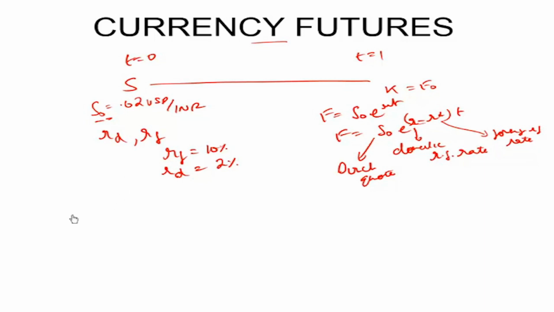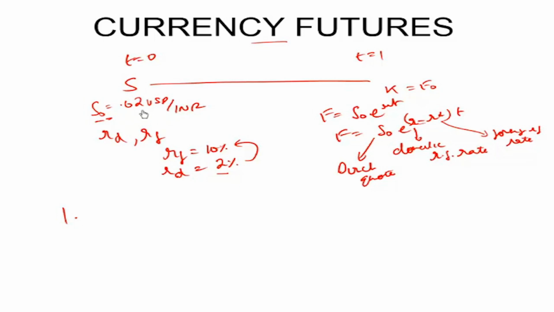So if we borrow $1, that's the way to exploit: borrow at 2% and invest at 10%. So we'll borrow $1 at 2% and convert it into Indian rupee. The exchange rate is 0.02 USD per INR. That is the spot rate.